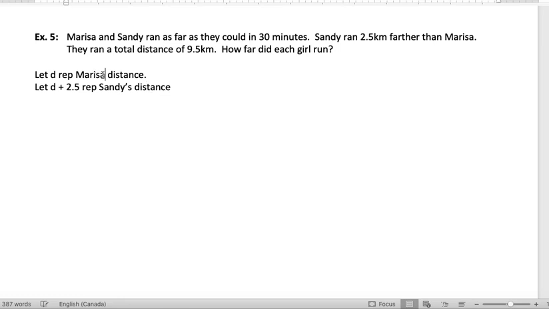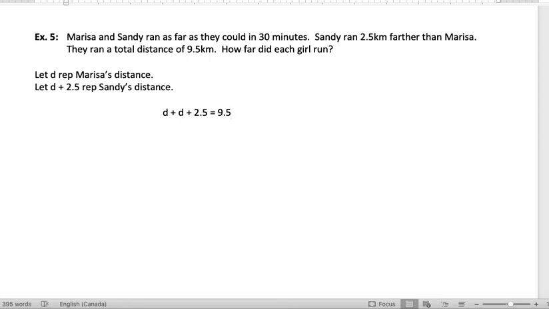Okay, I'm getting tired. I'm forgetting my apostrophes. And then since we've defined the variables, we know that their total distance is 9.5 kilometers. So we're going to set up our equation of Marissa's distance plus Sandy's distance. And we know that that is going to equal 9.5.